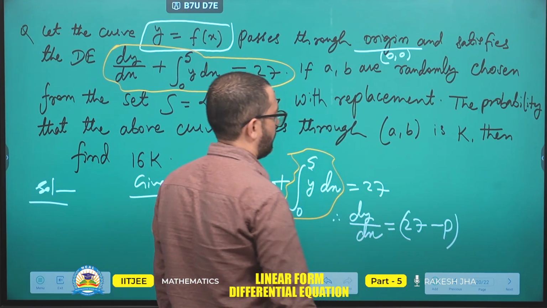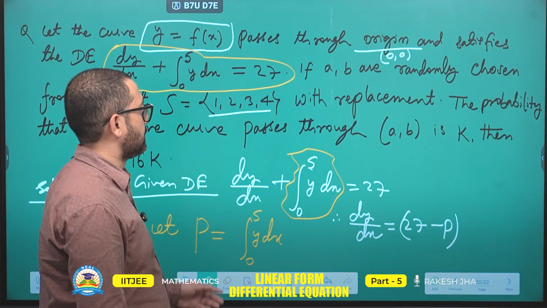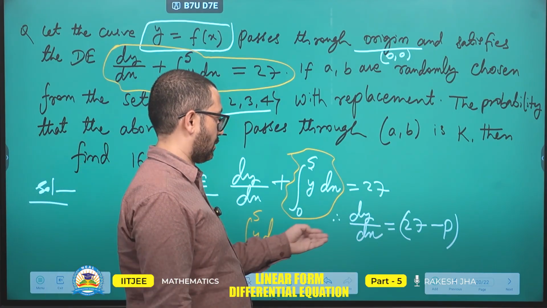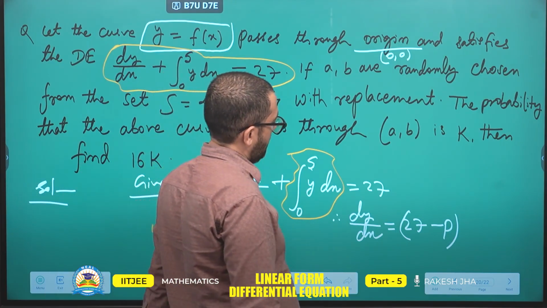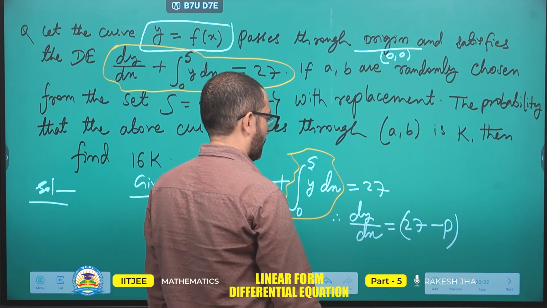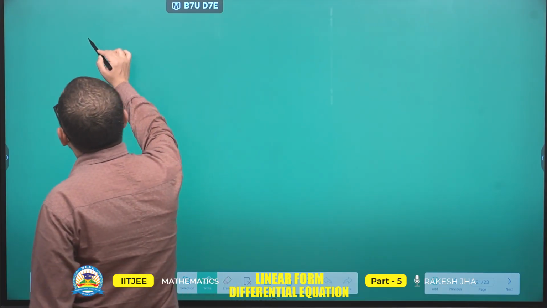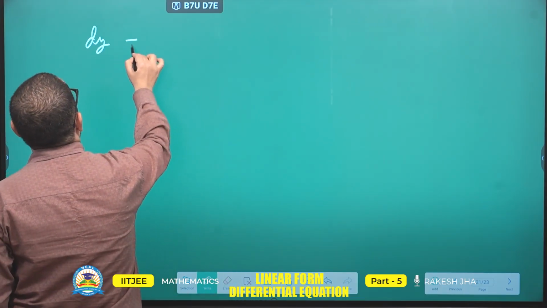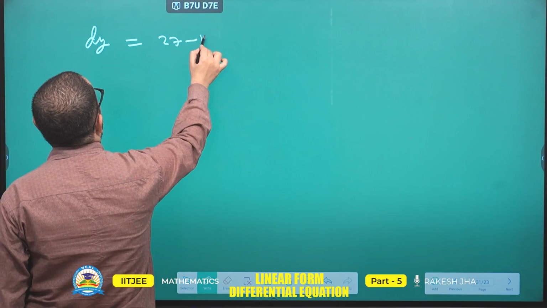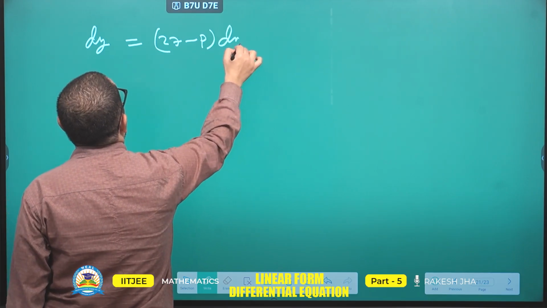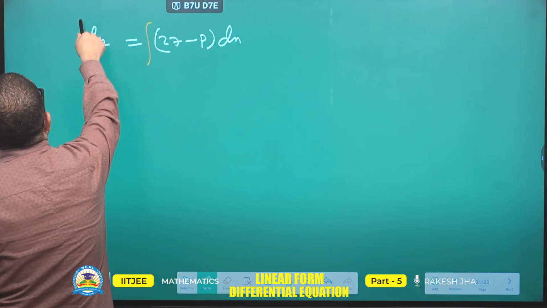Okay, and now we simply have to do the cross multiplication and integrate it. So the next step would be dy is equal to 27 minus p times dx. Now we have to integrate.